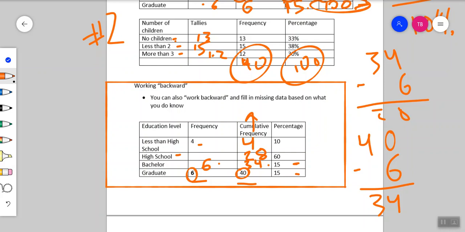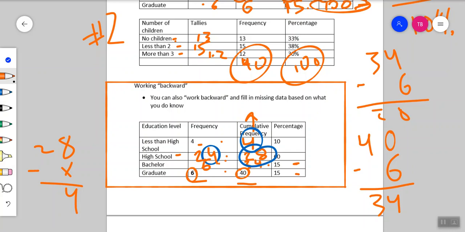So the question you might ask yourself is, how does this 4 become a 28? So again, you could subtract, the idea would be 28 minus what equals 4. You'd see that that could be the number 24 in this case. So I ended up filling it all out. I now know the frequency is 4, 24, 6, and 6.